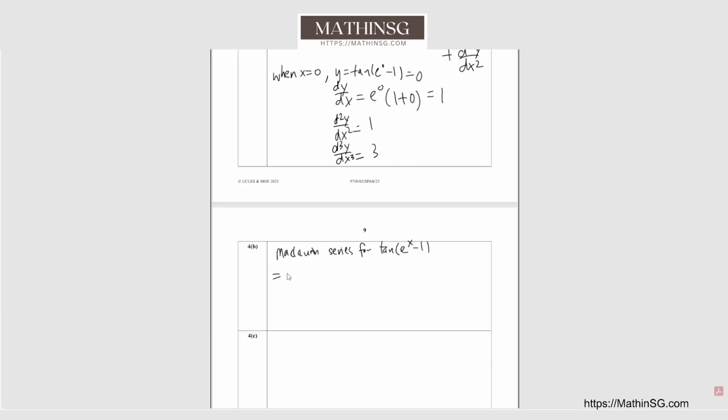So we have 0 plus 1x, plus 1 over 2 factorial x squared, then plus 3 over 3 factorial x cubed. Okay, simplify, you will get x plus half x squared plus half x cubed.